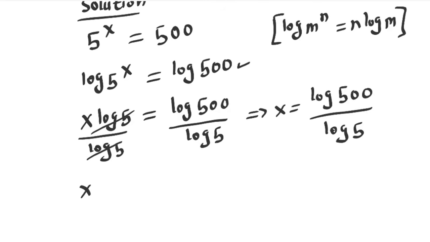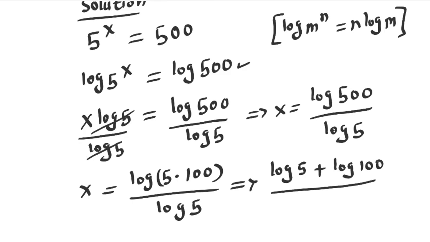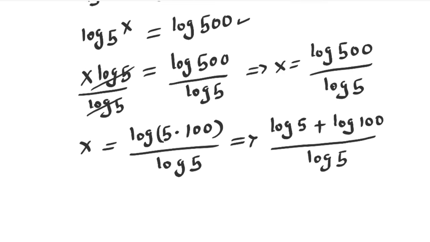Then x is equal to log 500 can be written as log 5 multiplied by 100 over log 5, and this is the same thing as log 5 plus log 100 over log 5.